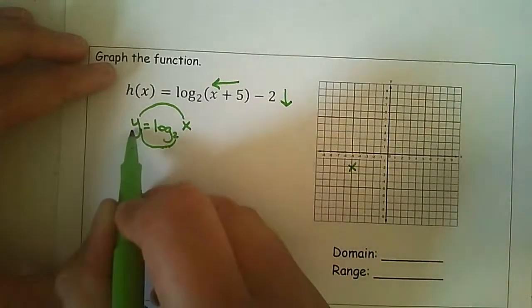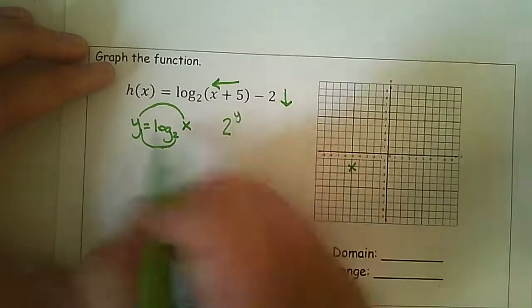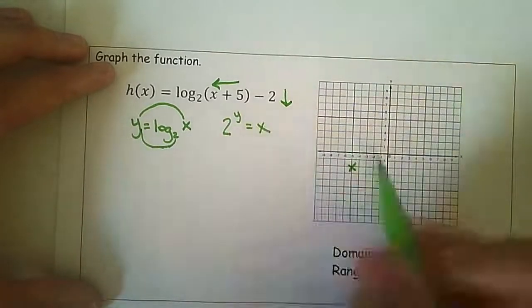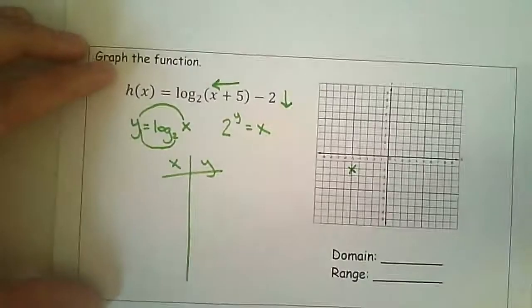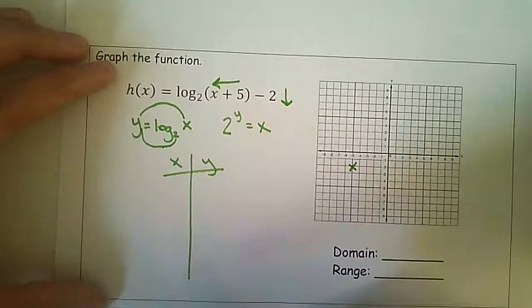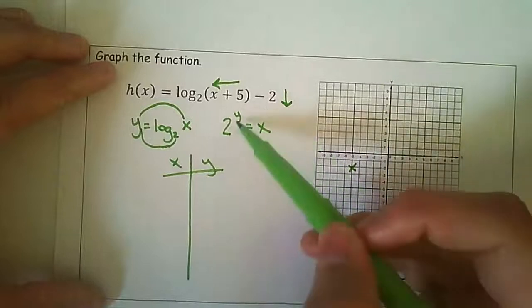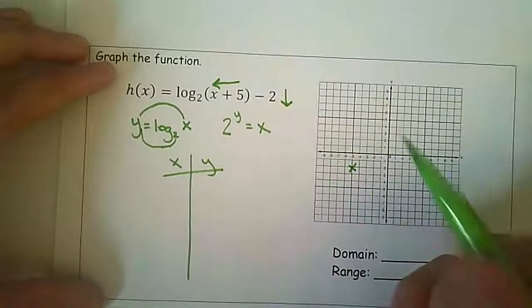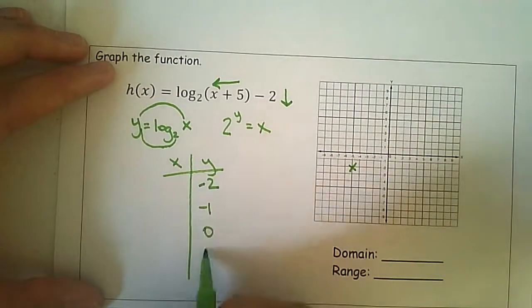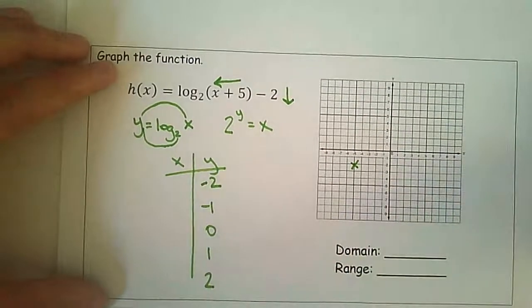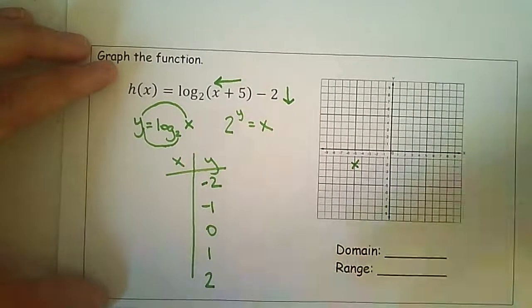So we have 2 to the power of y equals x. And now I can do my table. Again, my y is in my exponent. So since my y is my exponent, that means I'm going to plug basic 5 in for my y. And let's go ahead and do that.